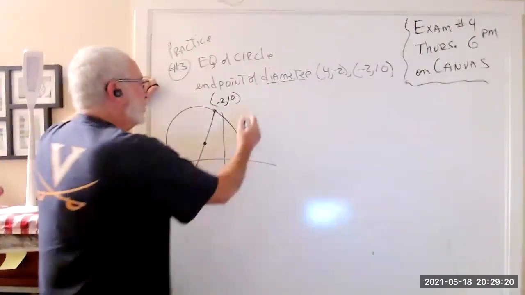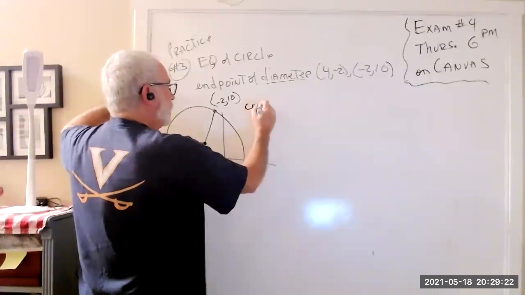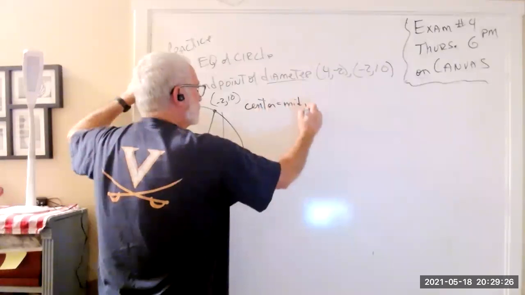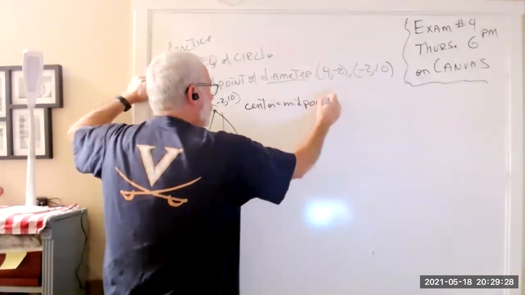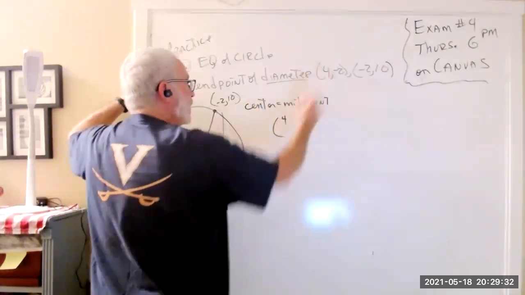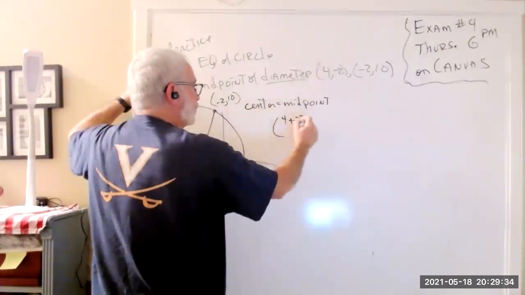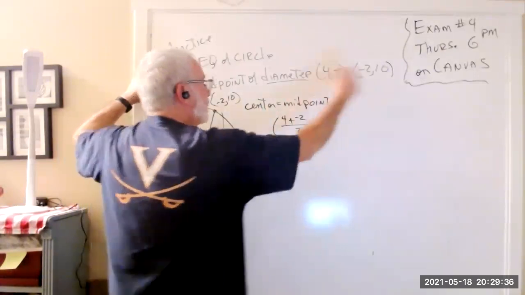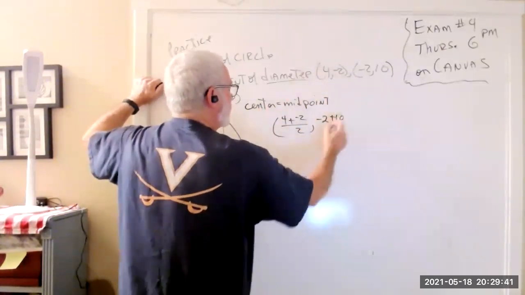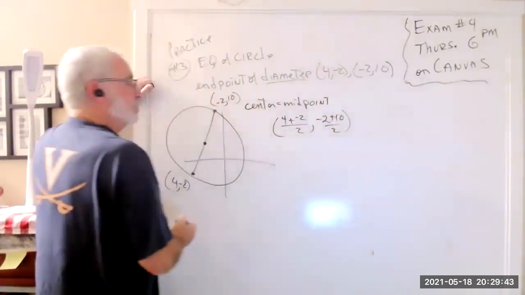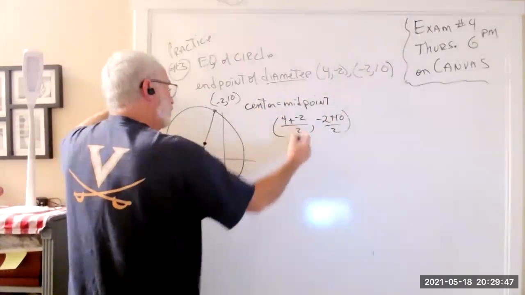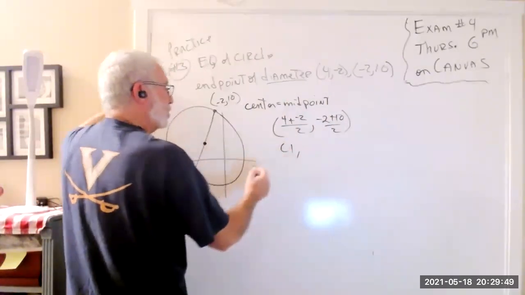Well, the center is the midpoint, which you all did with Ann, which is average the x's, (4 plus -2) over 2, comma, average the y's, (-2 plus 10) over 2. So that's 2 over 2, so that's 1.